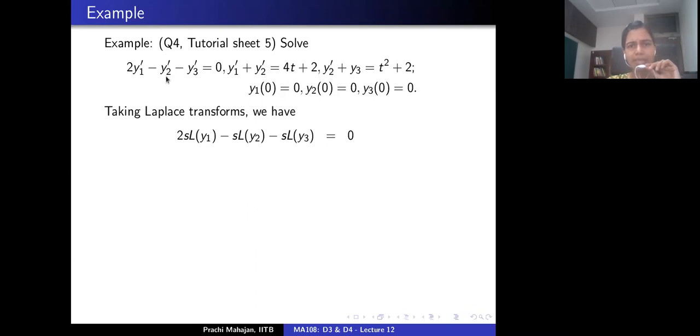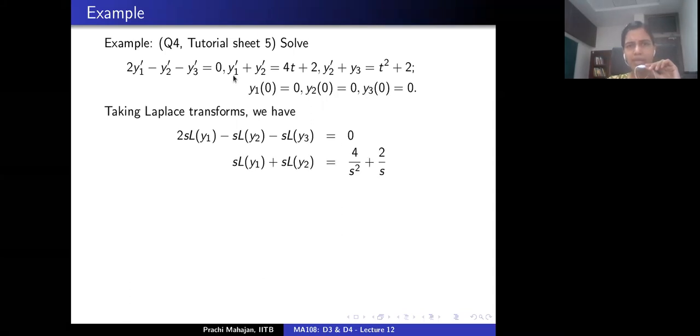Similarly, you will have s times the Laplace transform of y2 minus y2 evaluated at 0, minus the Laplace transform of the derivative of y3, which is s times the Laplace transform of y3 minus y3 evaluated at 0. So this is the first equation.